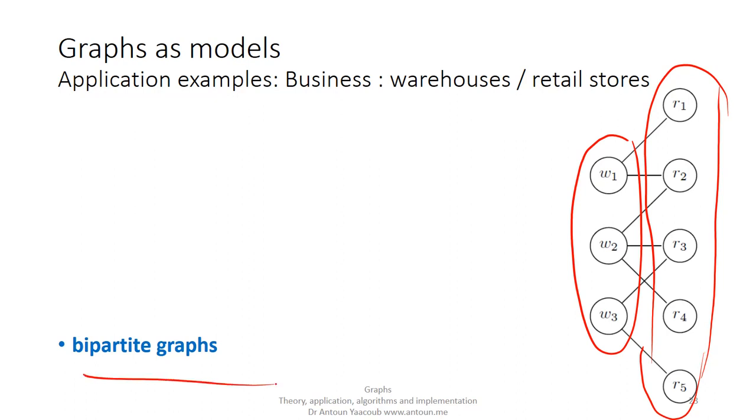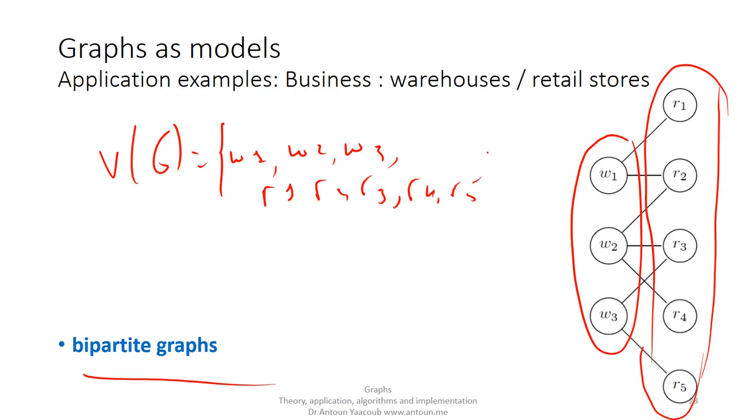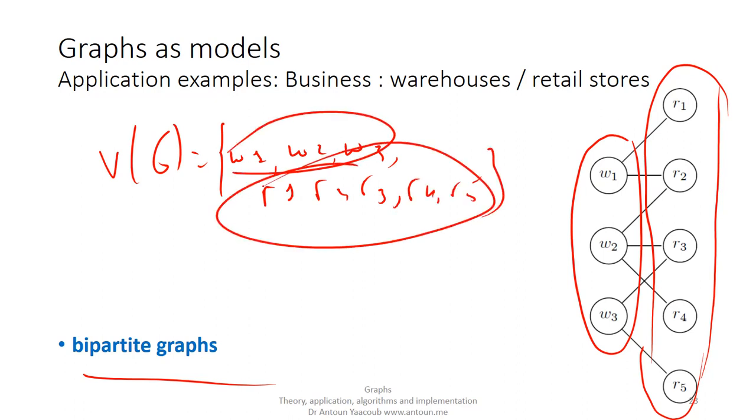Whenever we have a bipartite graph, it has two parts: the set of vertices is partitioned into two disjoint sets. There are no links between those three and those five. We'll see how we use the bipartite graph, especially when we want to do matching between the vertices.